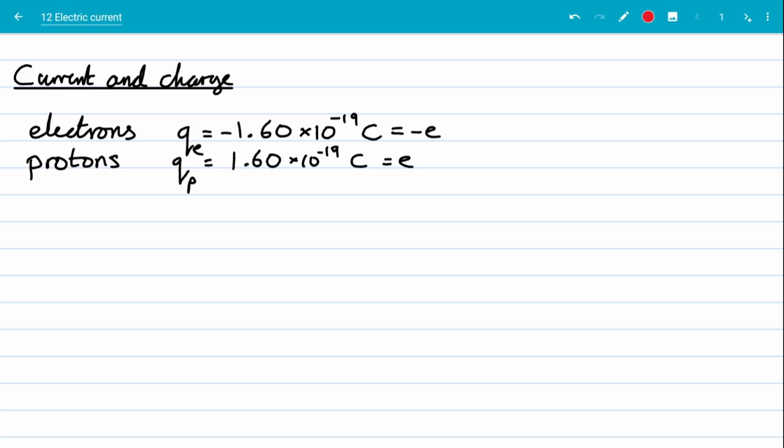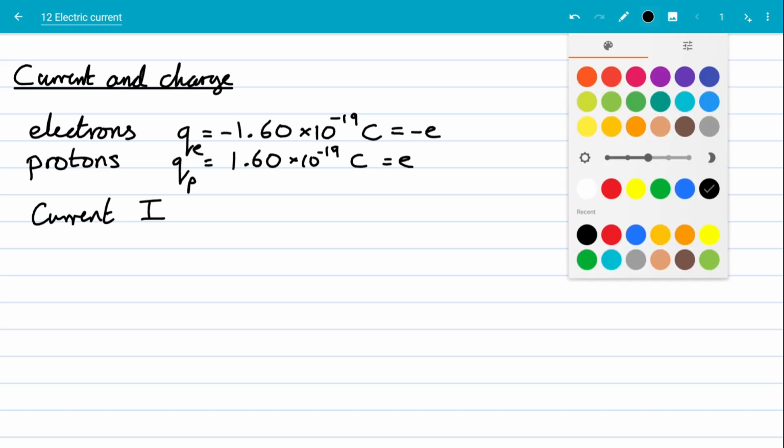Now, when we talk about circuits and current flowing through circuits, which comes up a bit later on, we're not actually that interested in what particles are flowing. So we have a quantity called current, and we use the letter I for current, which is from the French intensité.